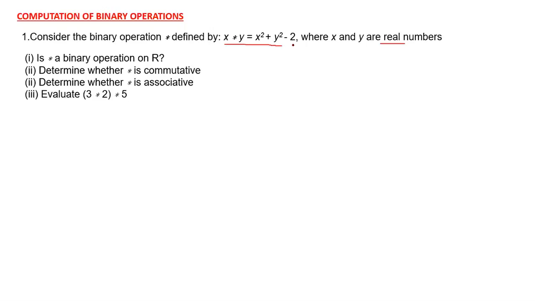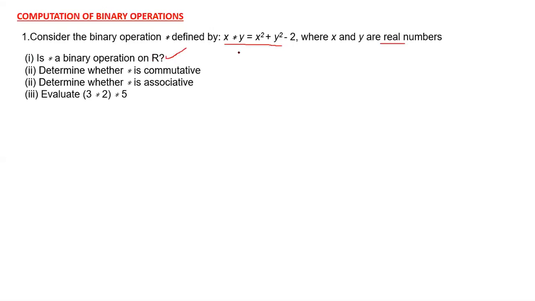So in other words, they are trying to say, is there a way that you can make this expression undefined? If there is no way that you can make this expression undefined, then star is a binary operation on R, on all real numbers.